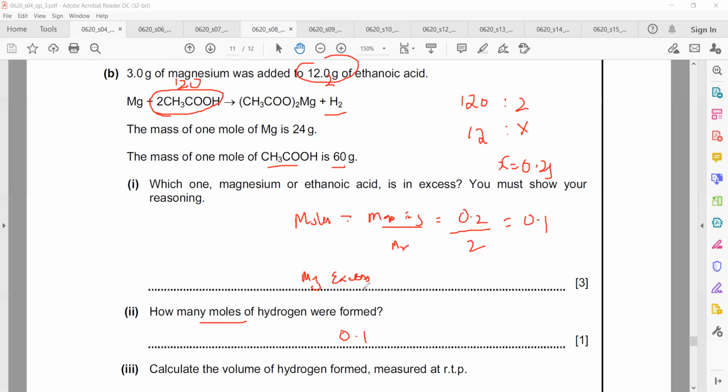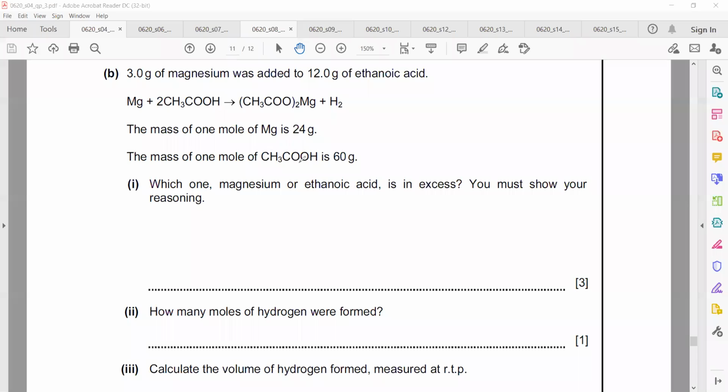Why is there only 1 mark? Because this question you can do in a short way. How can you do it in a short way, a short method? Look, I have 12 gram of ethanoic acid. First I can also find the moles of ethanoic acid. How to find the moles? Moles equal mass in gram divided by molar mass, which is 60. When we write the molar mass, we don't check the equation, we write the mass of one molecule.